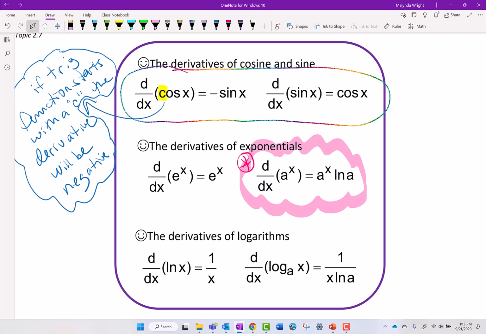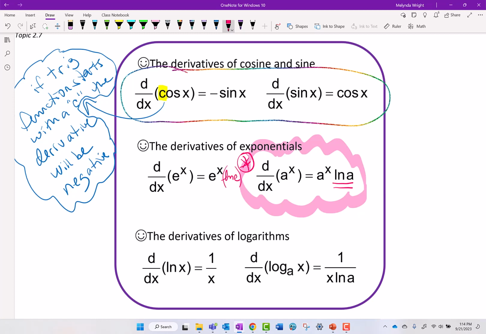It is the exact same thing as this. The derivative of a to the x is a to the x times ln a. Over here, it would be e to the x ln e. And do we remember what ln e is? Natural log of e. What is the value of the natural log of e? Well, e is like 2.7 something, but the natural log of e is 1.